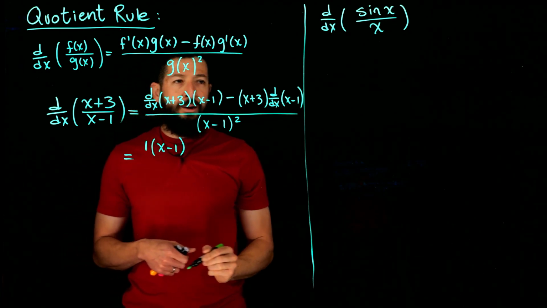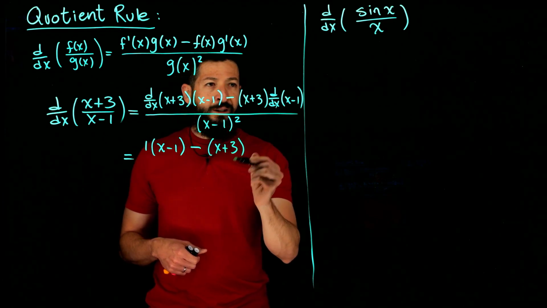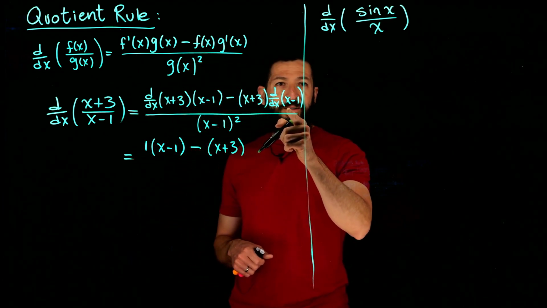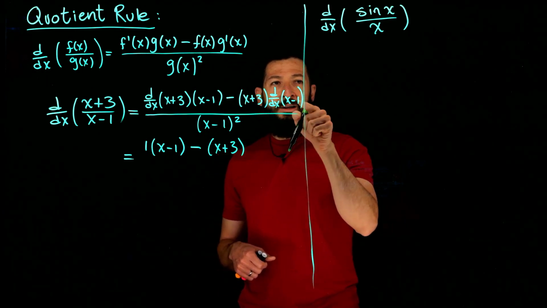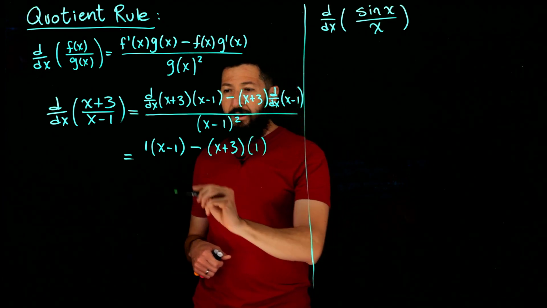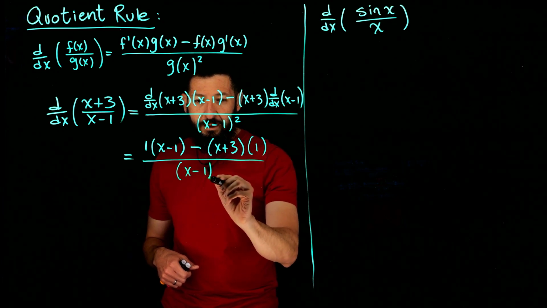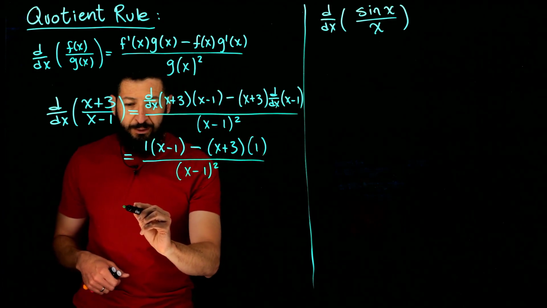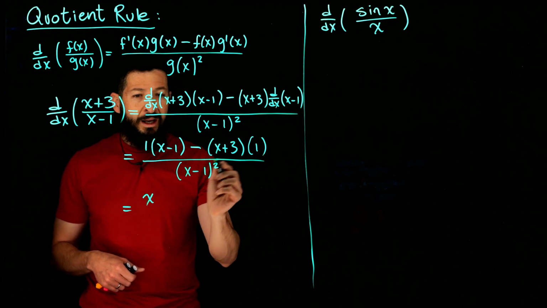You just copy that one, minus x plus 3 times now the derivative of x minus 1, which again is going to be 1. Derivative of x is 1, derivative of 1 is 0, so just times 1, all over x minus 1 squared.